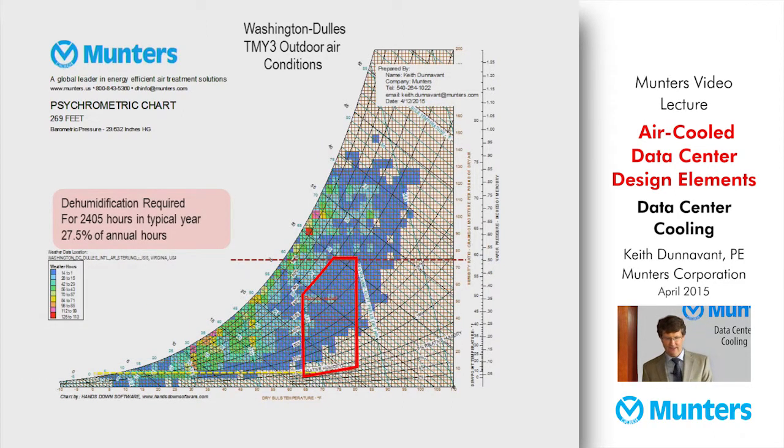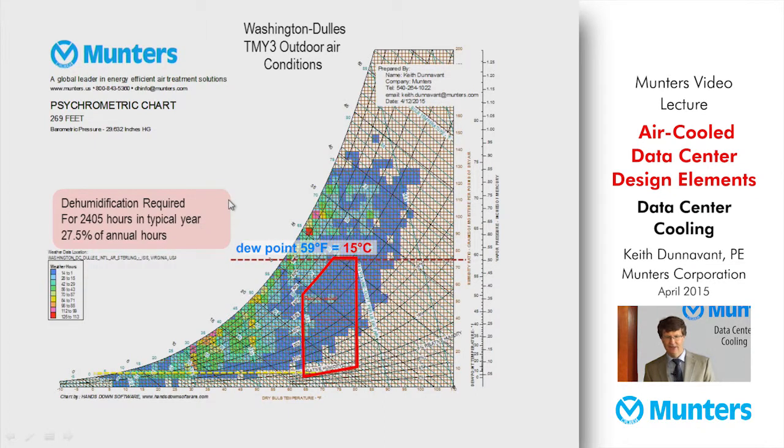Next, we're looking at where you're above the 59 dew point, which is the upper end of recommended. You can see in Washington Dulles there are many hours where the dew point exceeds 59, and for the TMY3 data set, it's just over 2,400 hours, which is about 27.5% of the typical annual hours.